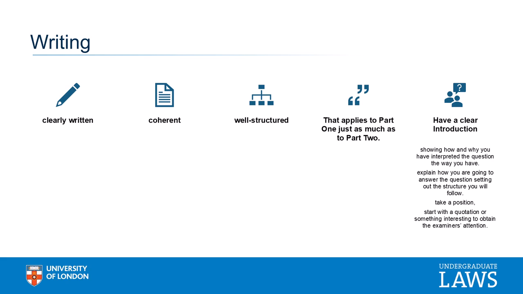Explain in your introduction how you're going to answer the question, setting out the structure you will follow. So, for example, you're going to say in your introduction that your essay will be in 3 parts, ending with a conclusion. And you set out in themes or by reference to firstly the case, then the theory, then applying the latter to the former.